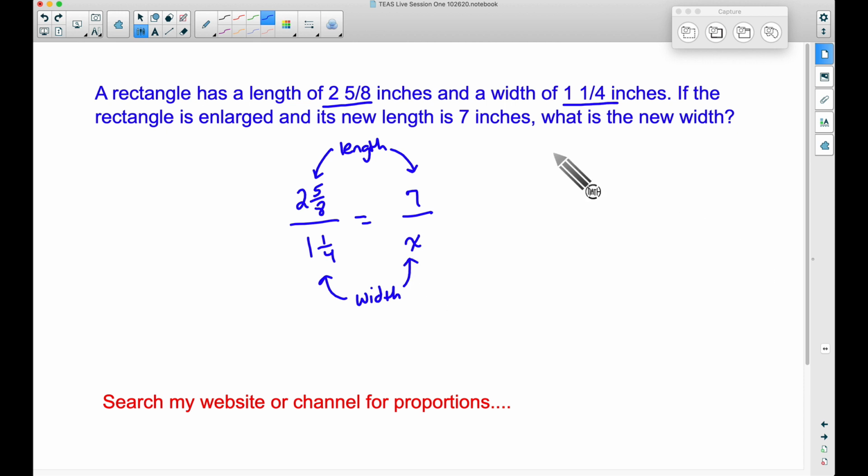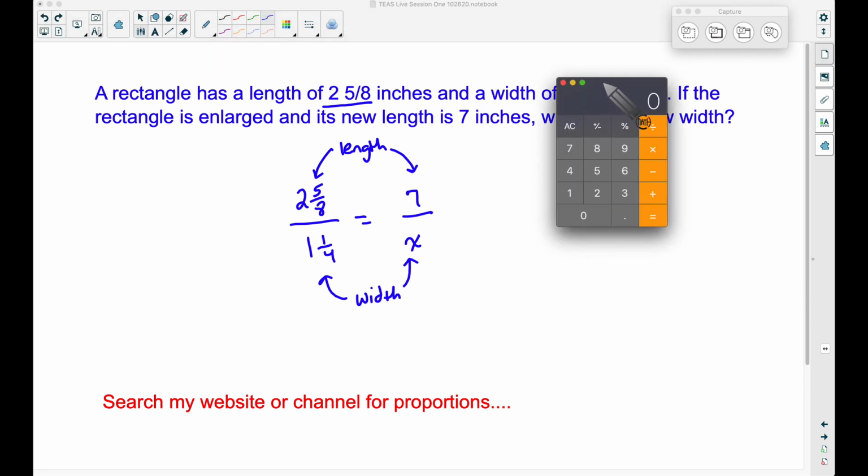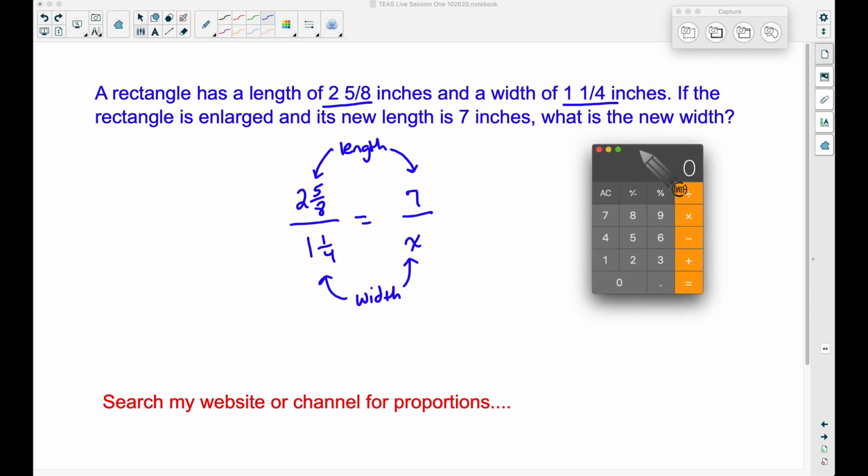Now, a little fun fact, let me load up a basic calculator. You know, this looks a little more similar to what you may have on the TEAS. It's not identical. But if we look at some of these mixed numbers, here's a little tip for you if you didn't know this. I just typed in 5 divided by 8, and I got a decimal. Now, this is helpful if you don't want to multiply mixed numbers or improper fractions.